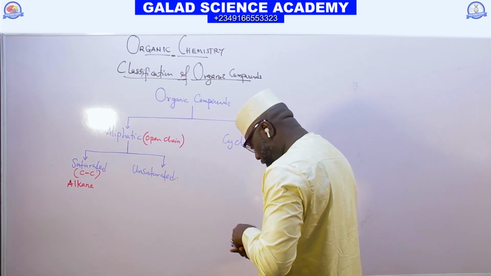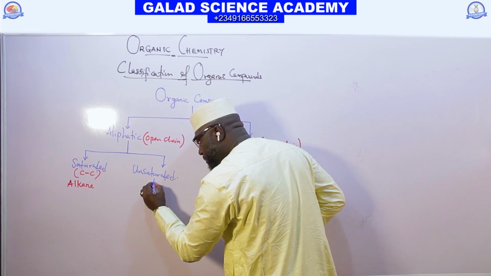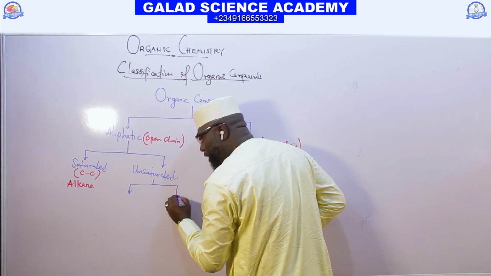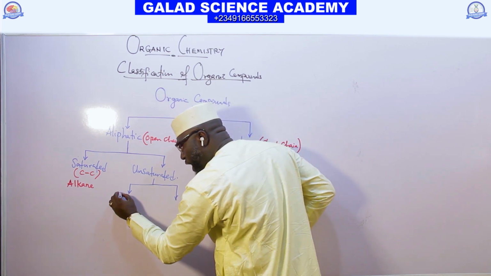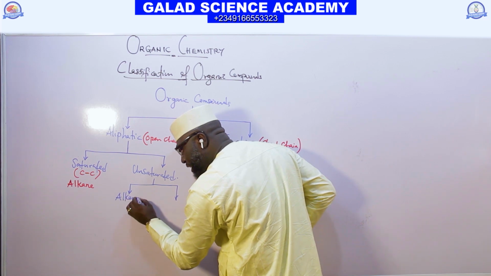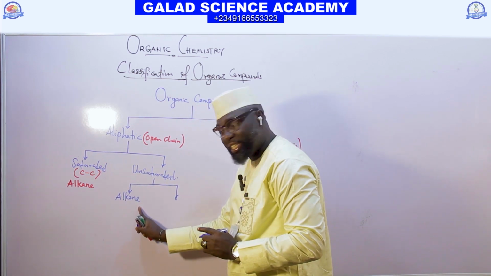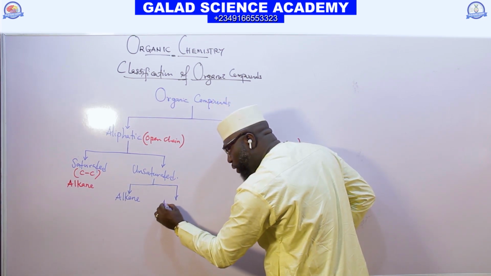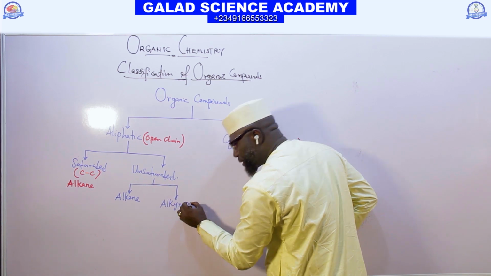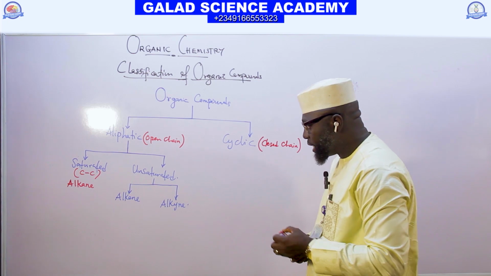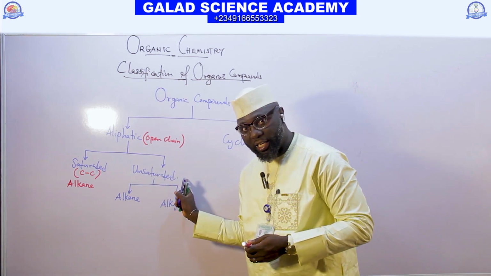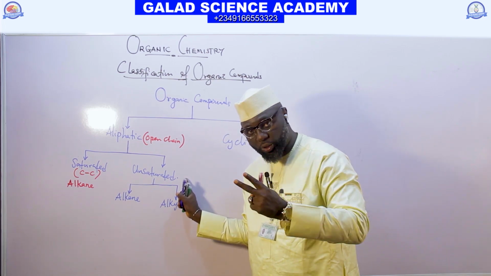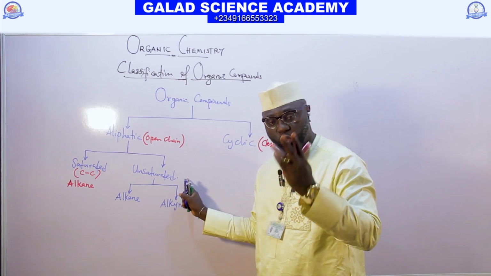This unsaturated compound is grouped into two: alkene and alkyne. An unsaturated hydrocarbon has a carbon double bond or a carbon triple bond.